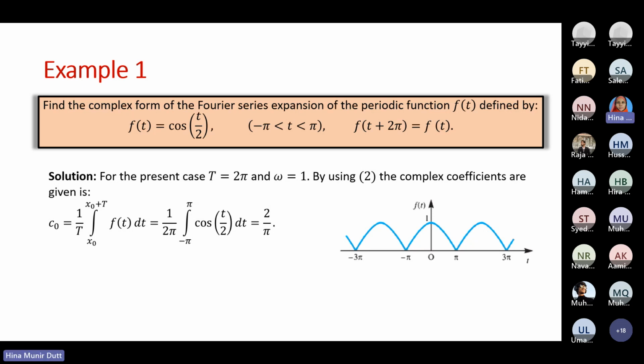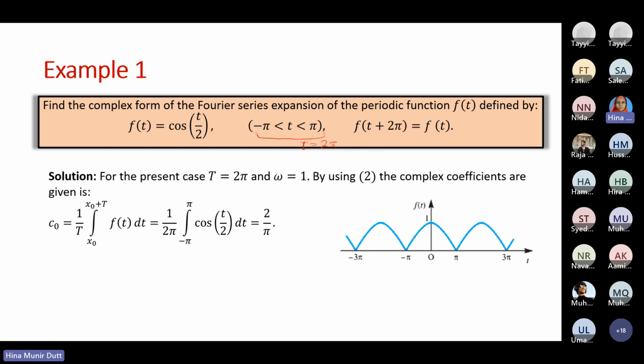The lengthy one example. I have evaluated all the terms, not over here, but I will evaluate it over here. So find the complex form of the Fourier series expansion of the periodic function f of t is equal to cos of t over 2 from minus pi to pi. So this is from minus pi to pi. So the length of this interval is 2 pi.